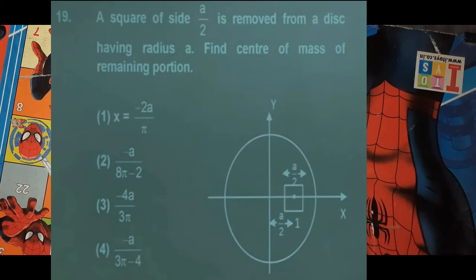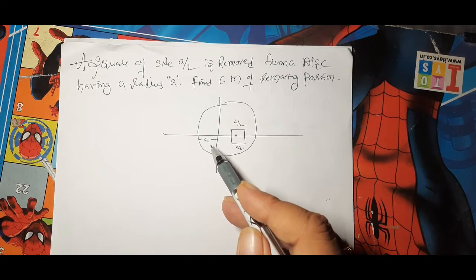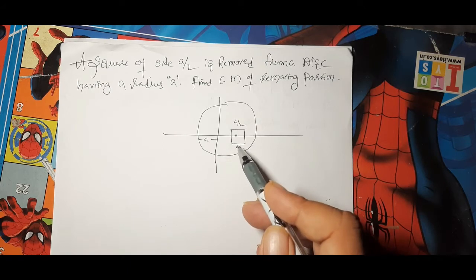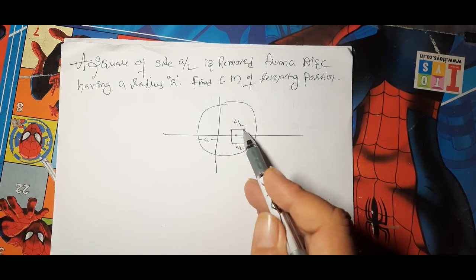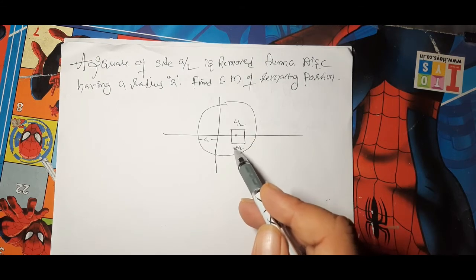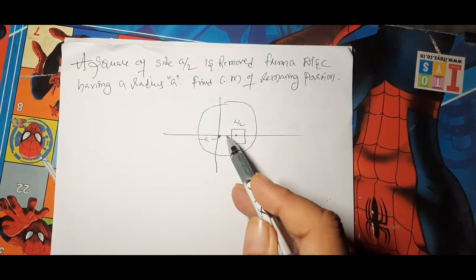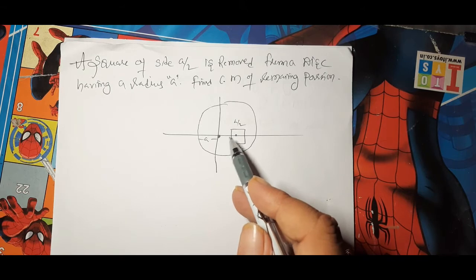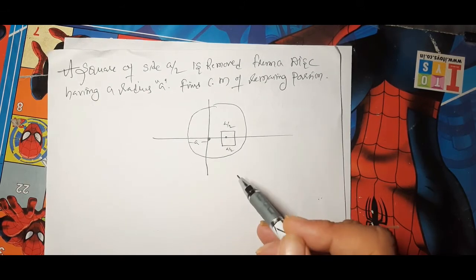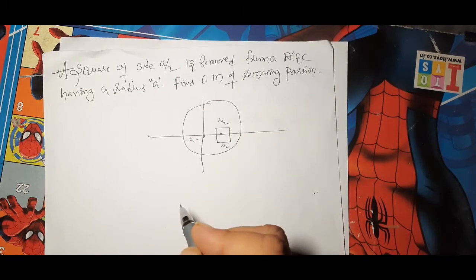So this is a disc, and this disc has radius A. From this disc a square of side A by 2 is removed. Then the center of mass is shifted towards the left, this side.